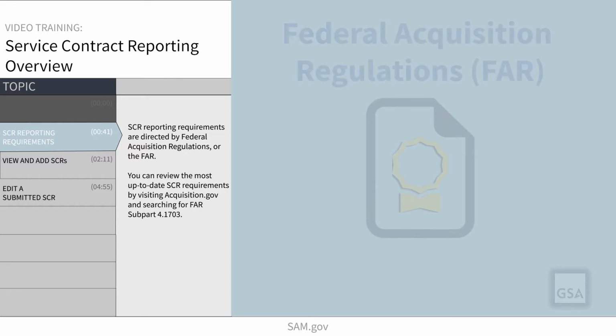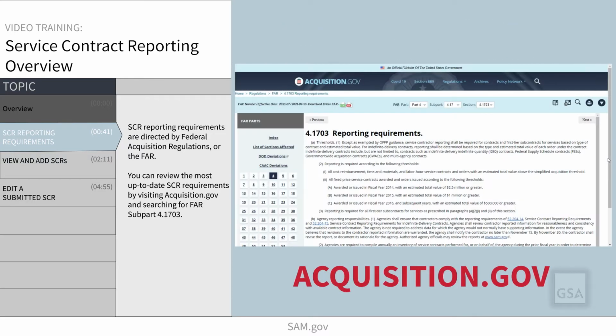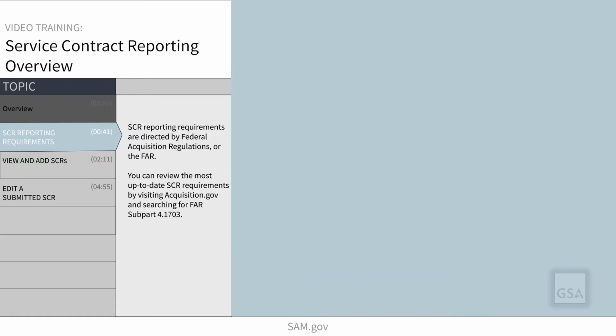SCR reporting requirements are directed by Federal Acquisition Regulations, or the FAR. You can review the most up-to-date SCR requirements by visiting acquisition.gov and searching for FAR Subpart 4.1703.